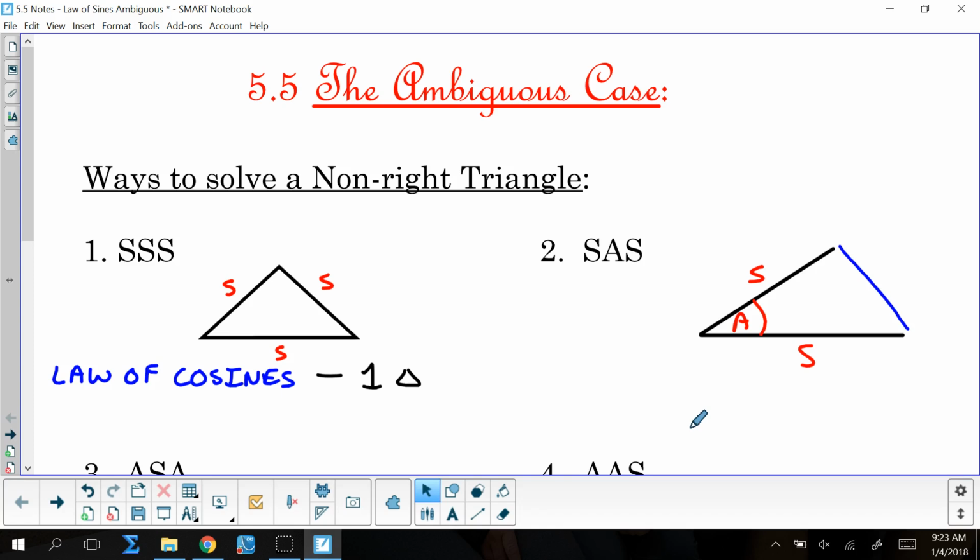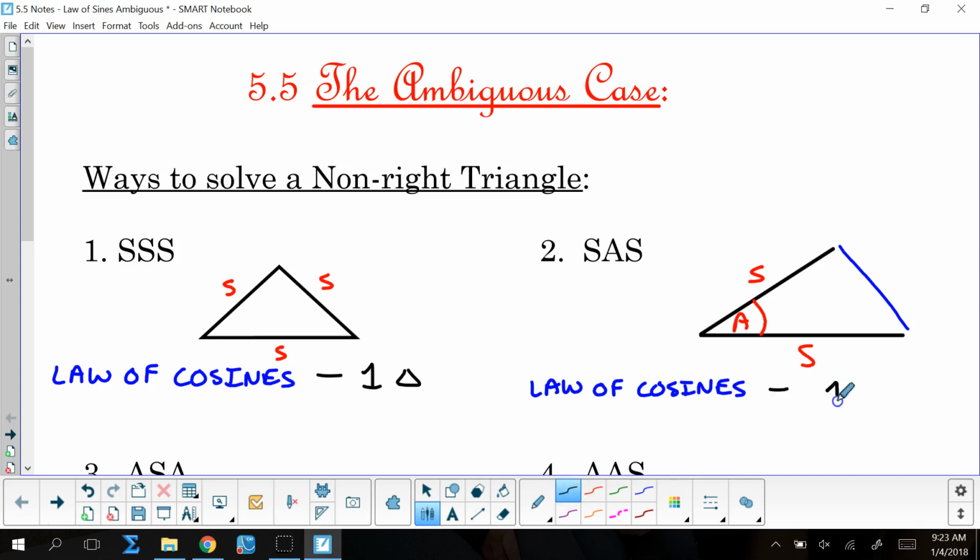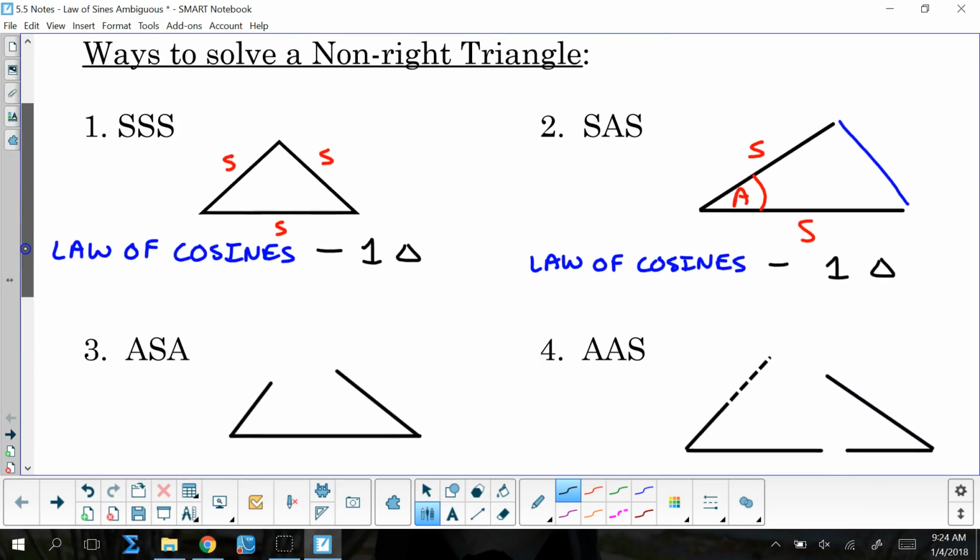So this also is a law of cosines. And the nice thing about it is you still only get one triangle. So you only get one triangle coming out of that one also. But again, that's next week.